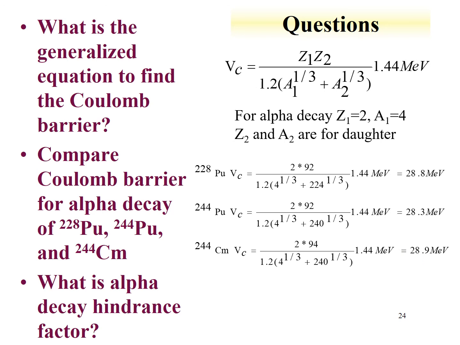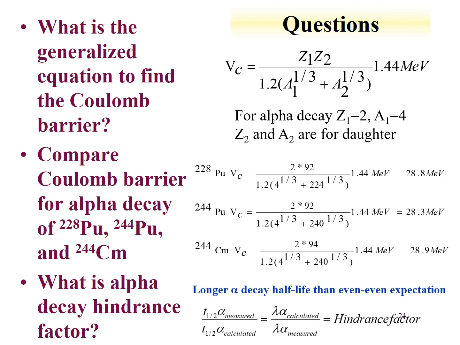A final question you should be able to answer based on the lecture is, what is the alpha decay hindrance factor? Alpha decay half-lives tend to be longer than expected based upon models developed for even isotopes.